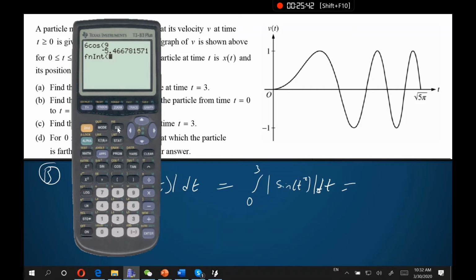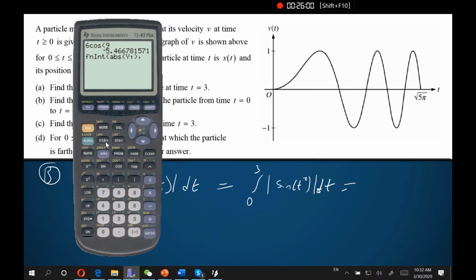I'm going to integrate, I believe that's here, math, numbers, ABS. So that's absolute value of variables, y variables, function y1. So the absolute value of the sine of x squared in terms of x from 0 to 3.